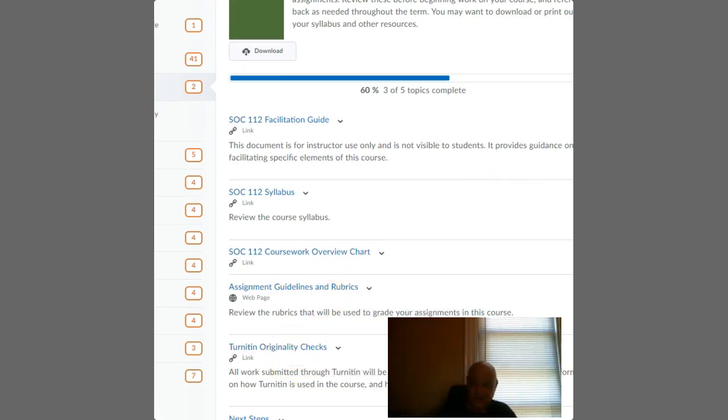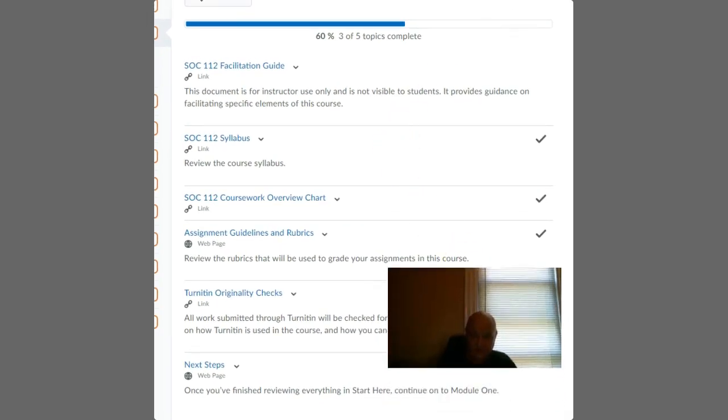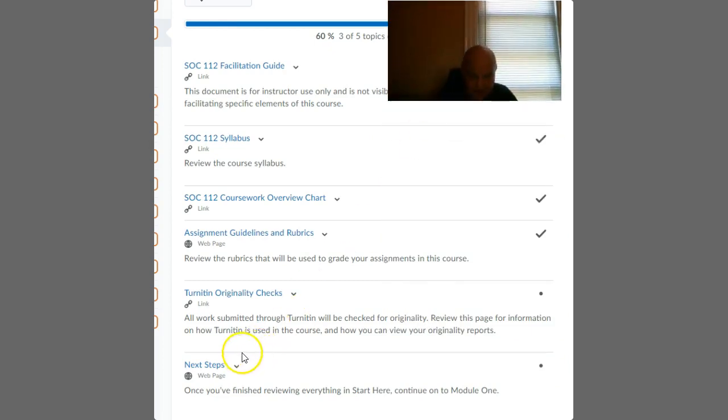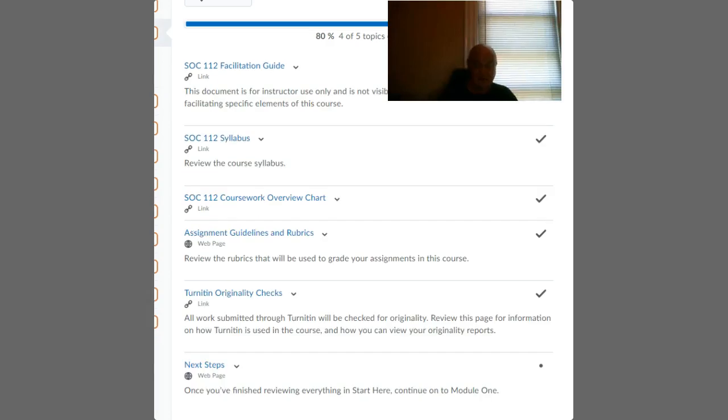You'll also be run through a Turnitin check. Turnitin is software to make sure that people aren't copying work. That's a link here. You can please review that. And then the last thing we want to do is look at next steps.